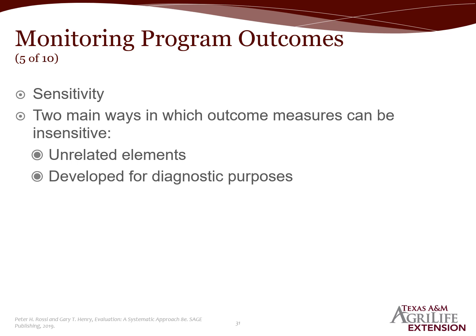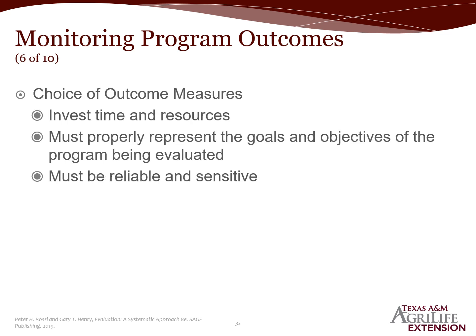Second, the outcome measure may be insensitive to the kinds of changes or differences induced by the program when they were developed largely for diagnostic purposes, that is, to detect individual differences. So what we're saying is the measures that we put out may not be sensitive enough to potential changes that the program should have an impact on.